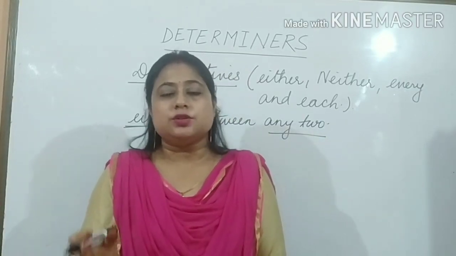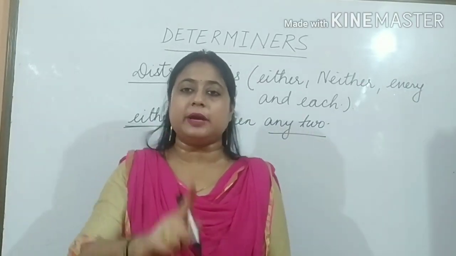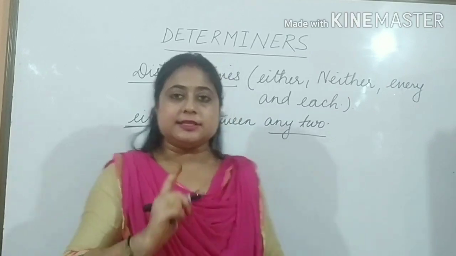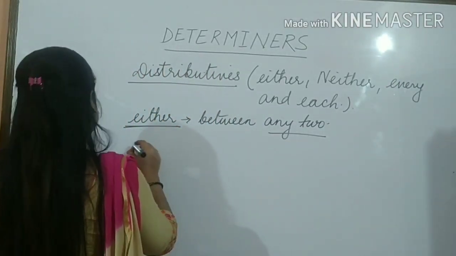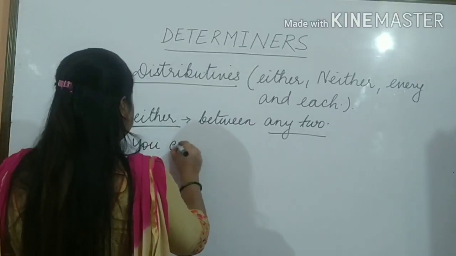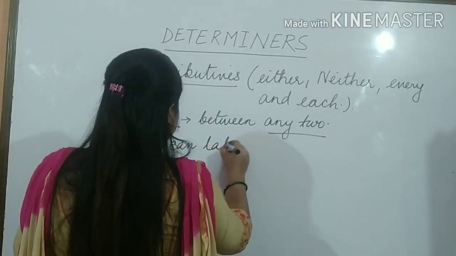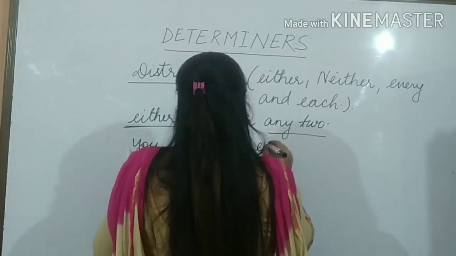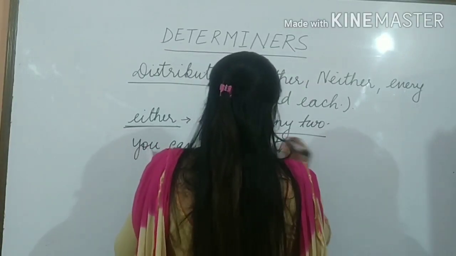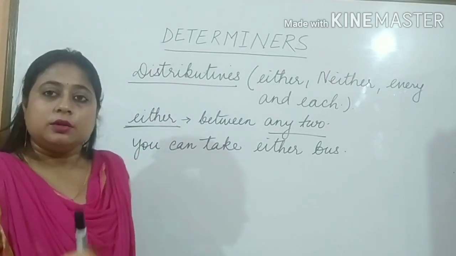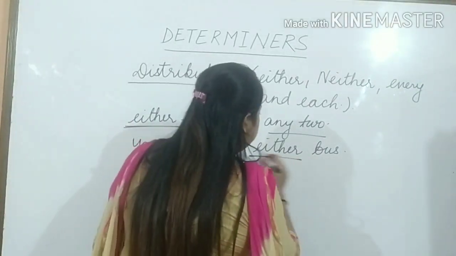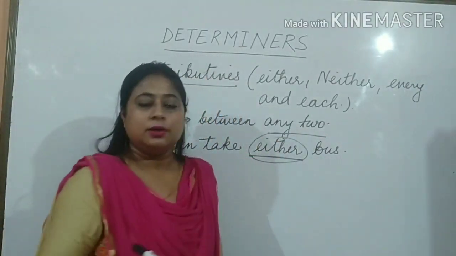So when we talk about between those two, anyone, there we will use either. Okay? For example, the sentence is, you can take either bus. What does it mean? That I can take any one of the buses.